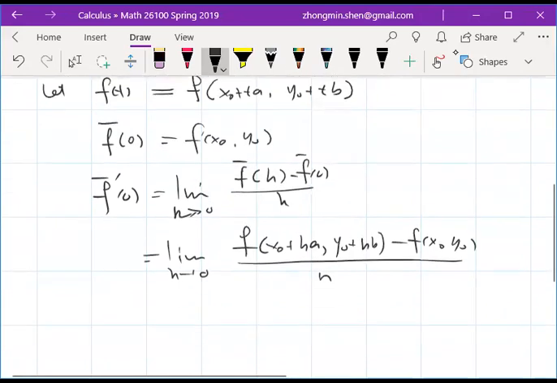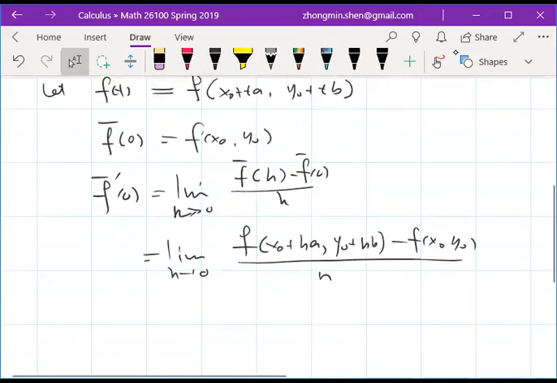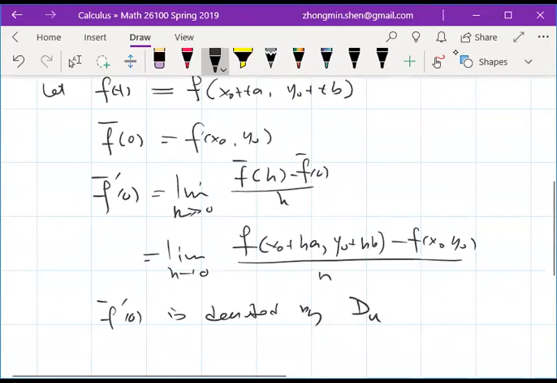I'm going to call this derivative the directional derivative of the function. It is denoted by the following notation, D sub u of f, at that particular point, where u is the direction.